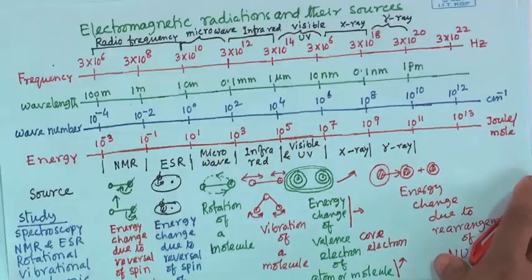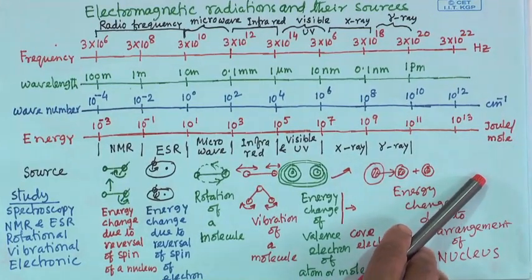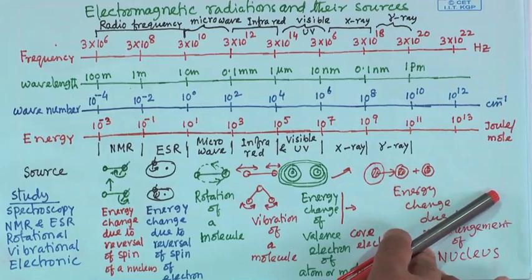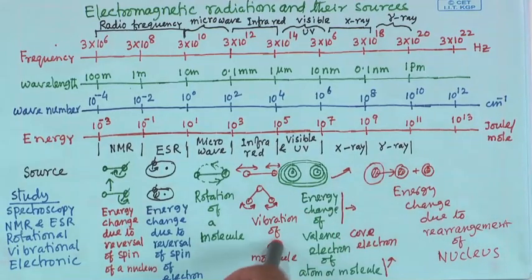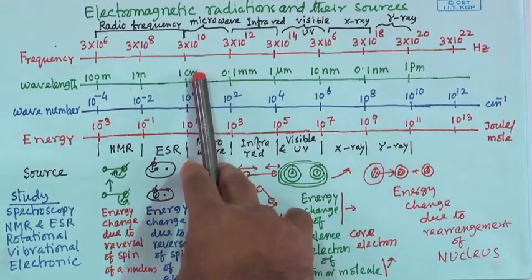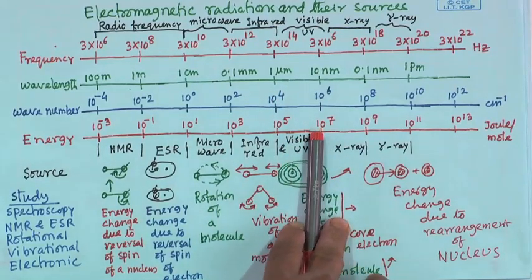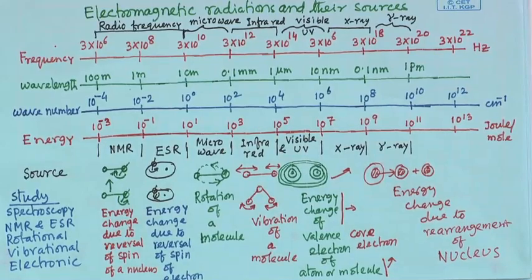I discussed this because the molecular spectroscopy we are going to study is related to electromagnetic radiation, basically microwave, infrared, and visible or ultraviolet range. That is what we will study in this course.